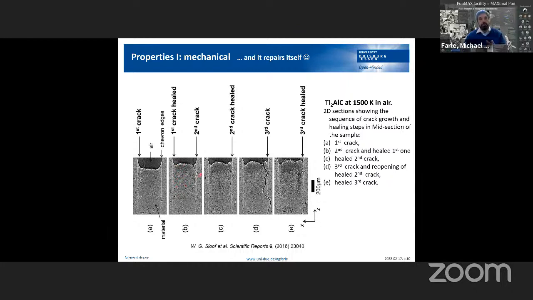A new crack can be opened. You continue heating or heat again. You heal the crack and so on. Even this big crack here, so the scale is micrometer, is healed. Now, how can that happen? Here you see a little bit what is happening in this paper. It's very nicely described.